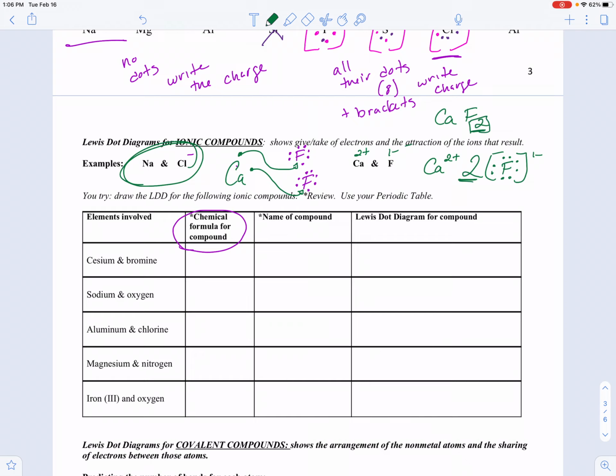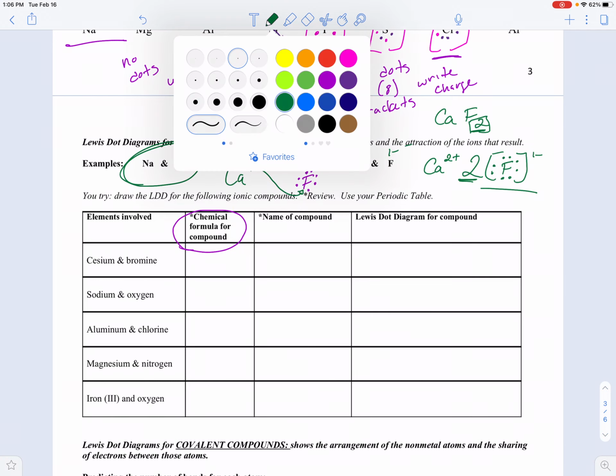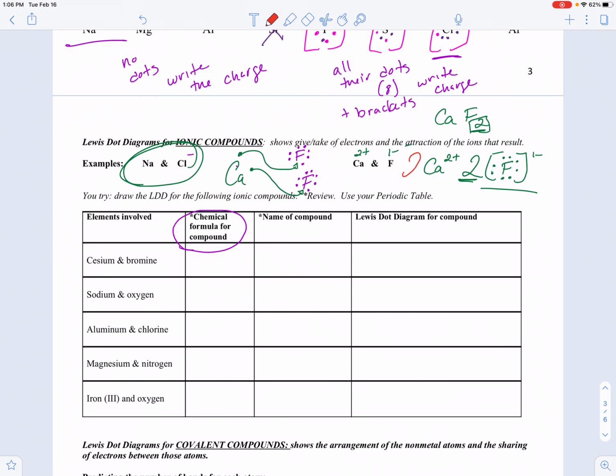So that tells us that we have 2 of these. If I had 2 calcium, I would put a 2 out here. So that would be 2 calcium, 2 fluoride. So we don't use the subscripts anymore. The subscripts basically turn into these coefficient numbers. But then I still draw my ion Lewis dot diagrams like I was before. So that's another way to sort of look at it.